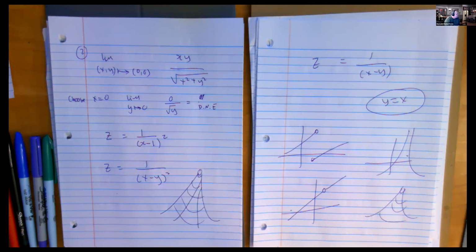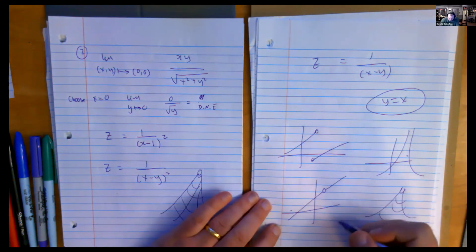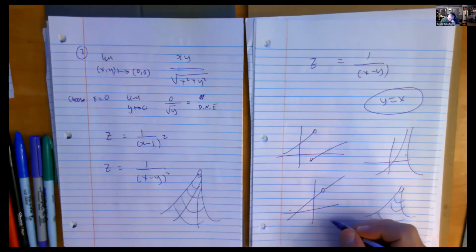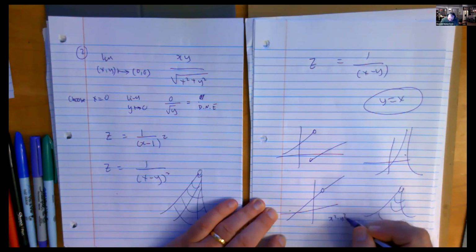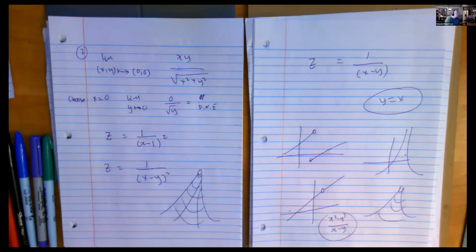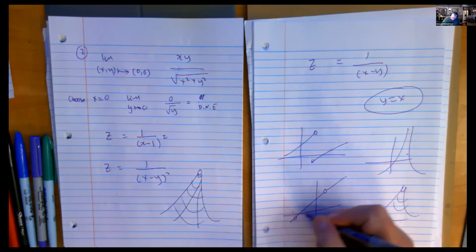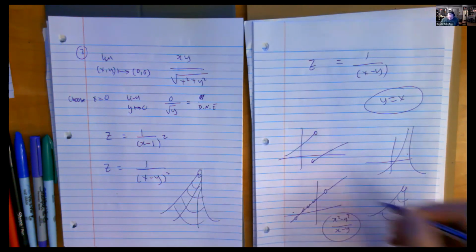Could you imagine a function that has a removable discontinuity? Yeah, it is possible. A function that might have a removable discontinuity might be something like this. That function has a removable discontinuity all the way along that set of points.